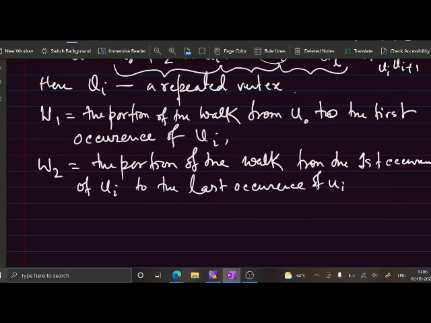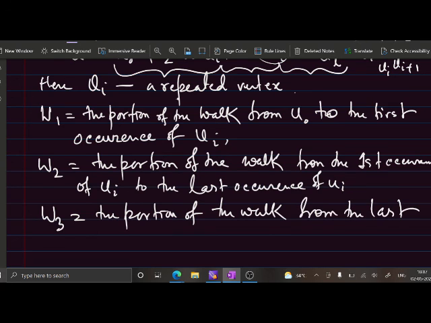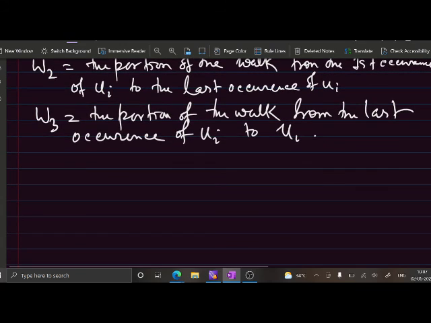And then we denote W3, the portion of the walk from the last occurrence of Ui up to UL, that is V. If you draw these portions, this is your U, that is U0, and this is the first occurrence of Ui.